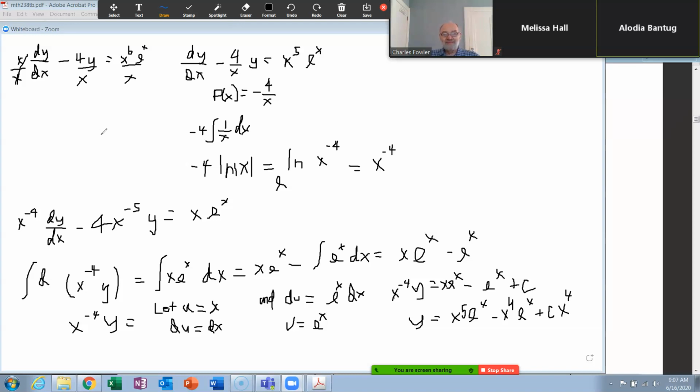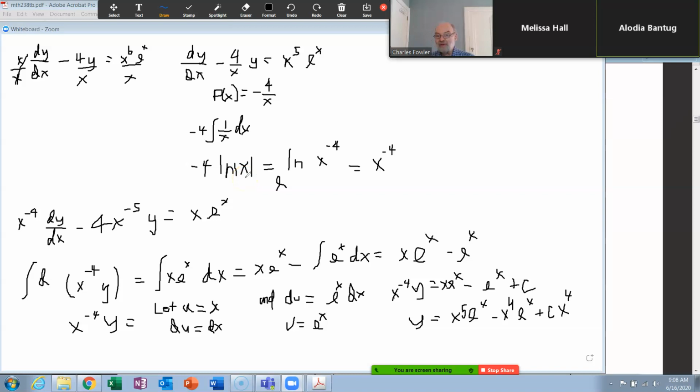Now, remember, anytime you solve a differential equation, you really need to focus on the interval of the solution. If you recall from the very beginning, we said x can't be 0, and here we'd prefer for x not to be negative.